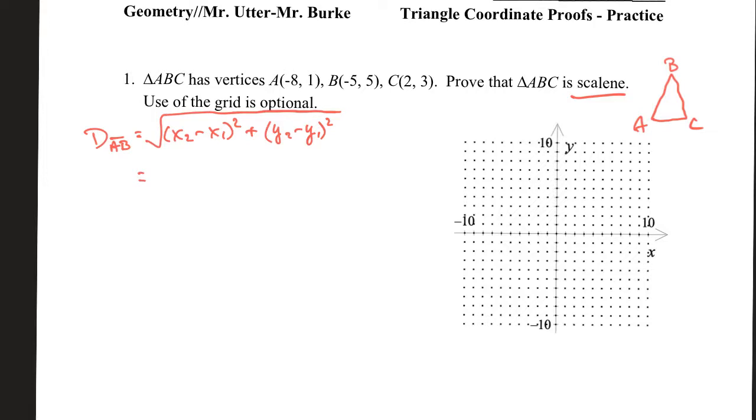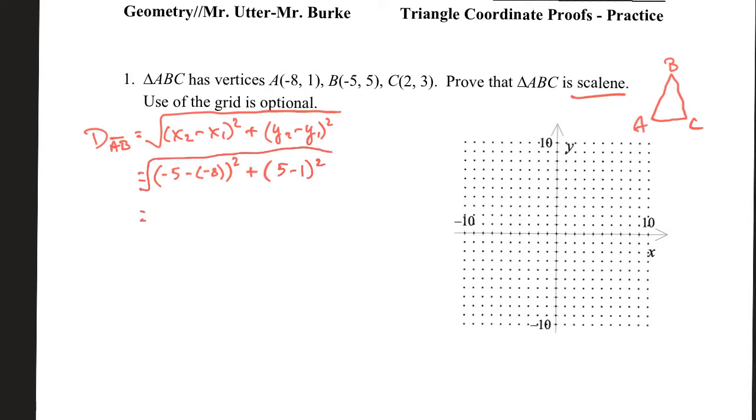Here we go. For AB, my x2 is this -5, and I'm subtracting a -8. Again, I'm going to put that -8 in parentheses just so that I can see that I am subtracting a negative. And then my y2 is 5, subtract 1, all underneath the radical.